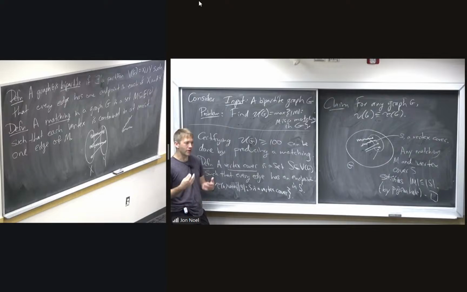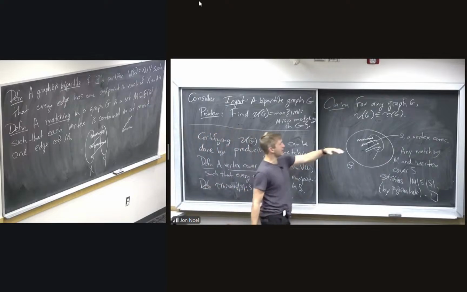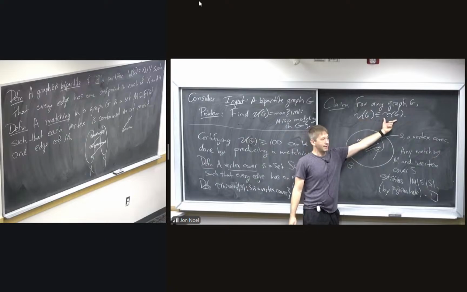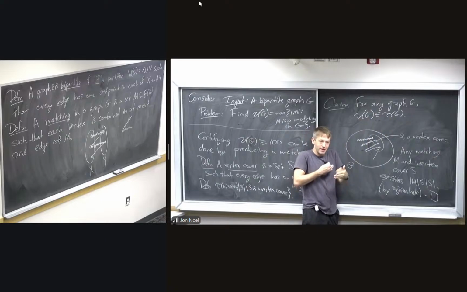I want you to think of this in your heads in this framework of duality. I have a maximization problem, I have a minimization problem, and the minimization problem gives me some kind of bound on my maximization problem.